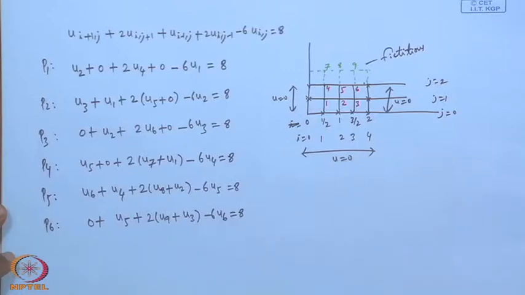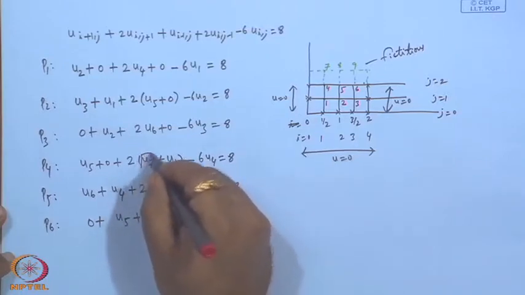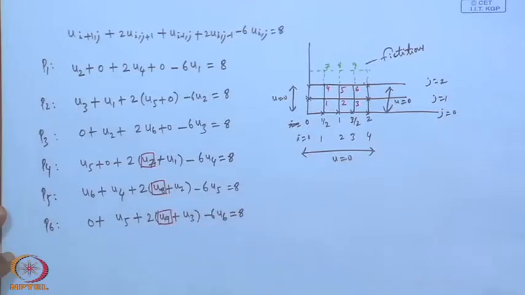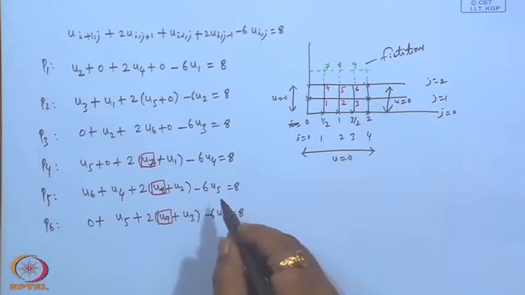So, remember we have these fictitious values. Okay. So, now these fictitious values we have to eliminate using the derivative boundary condition which we have.